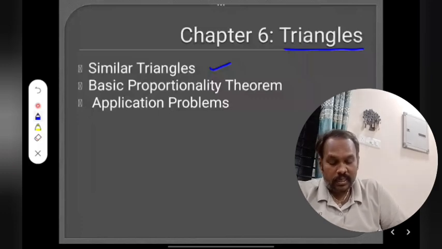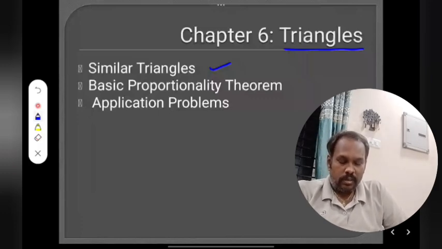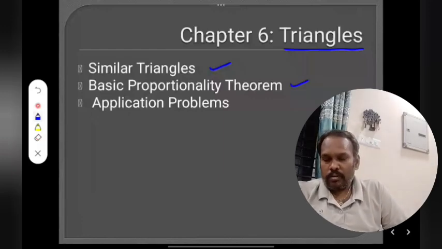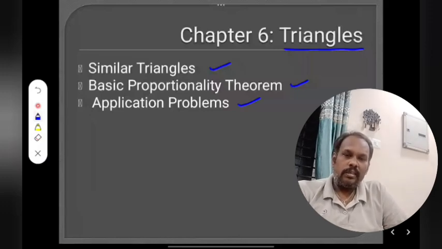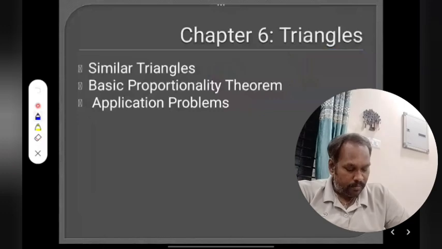These three similarity criteria you have to recall, and basic proportionality theorem and converse of BPT theorem or Thales theorem. Proofs also you need to learn, and application problems in both similar triangles and basic proportionality theorem.